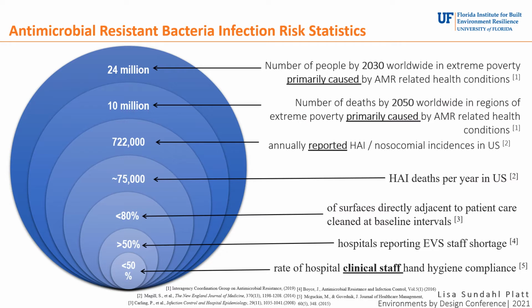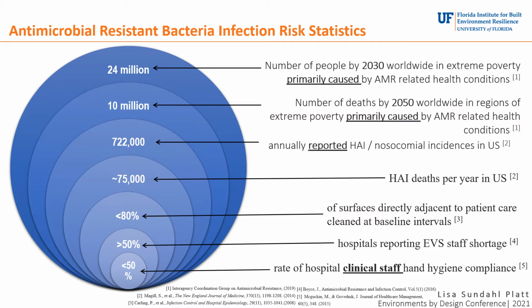There's approximately 75,000 deaths in the U.S. that can be directly attributed to hospital-acquired infections, or HAI, per year. And this number has unfortunately stayed relatively consistent. 722,000 hospital-acquired infections, HAI, or nosocomial incidences are reported annually in the U.S. The predicted number of deaths by 2050 worldwide in regions of extreme poverty, primarily caused by antimicrobial resistant related health conditions, is forecasted at about 10 million.